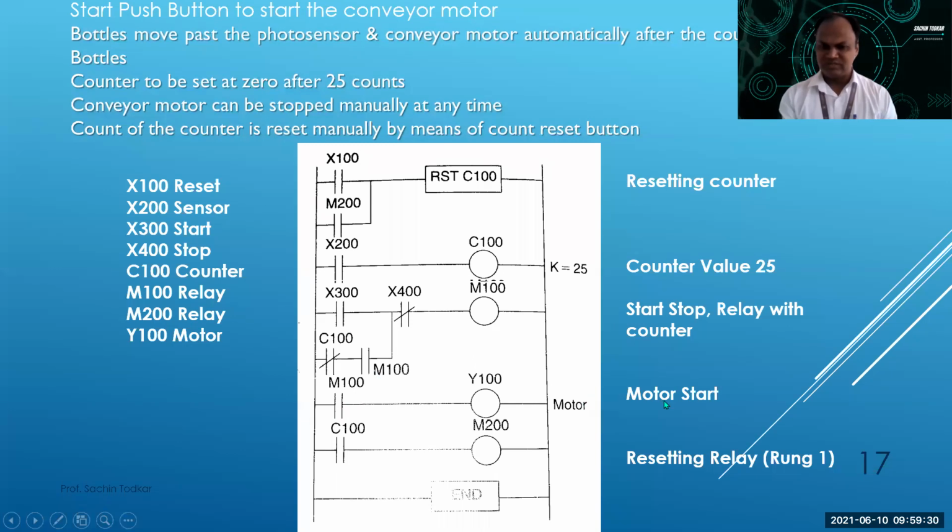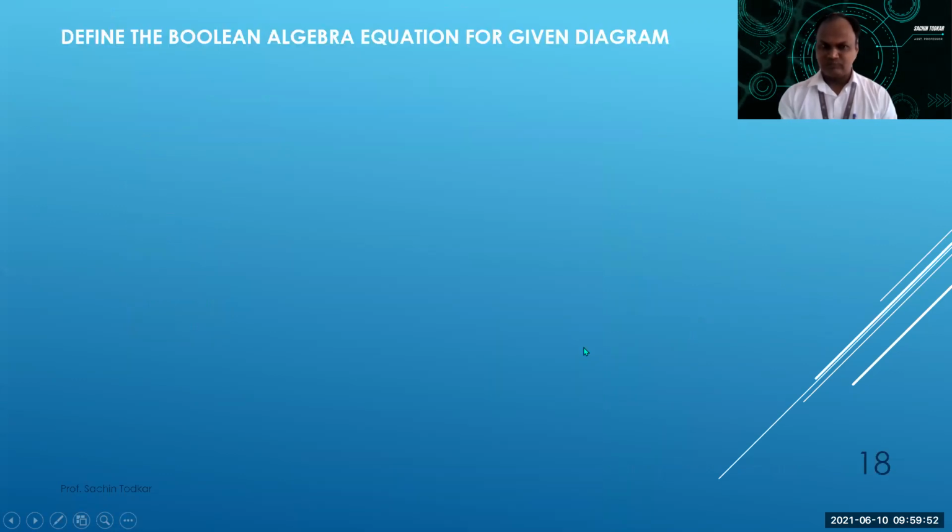So there is the motor start button. When the counter is off, your relay 200 will be off and it will again reset the counter. So this again goes to rung number 1 that we have shown here. So this is the logic behind that particular counter relay.